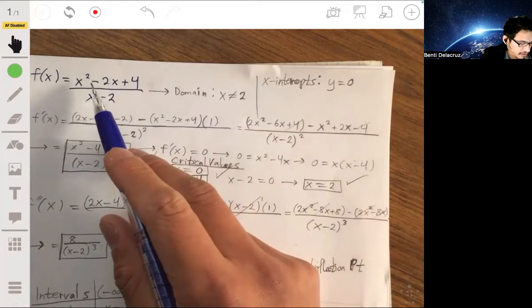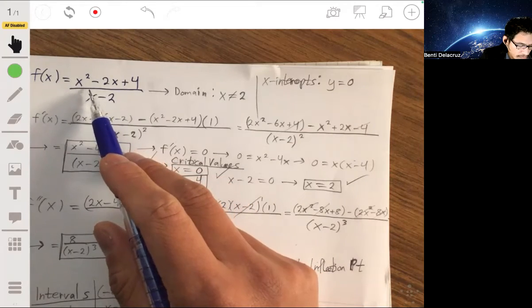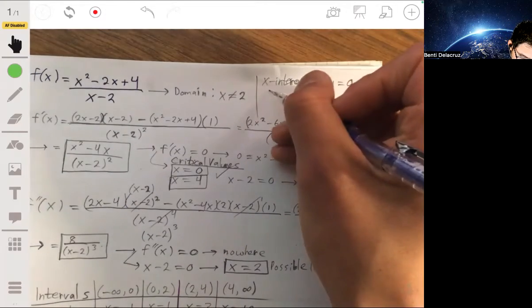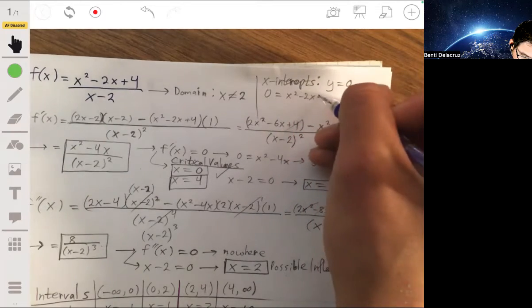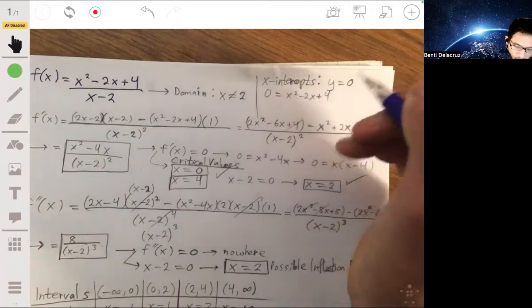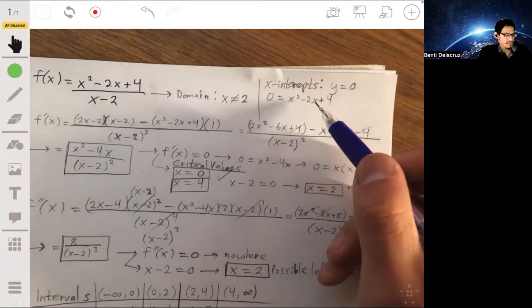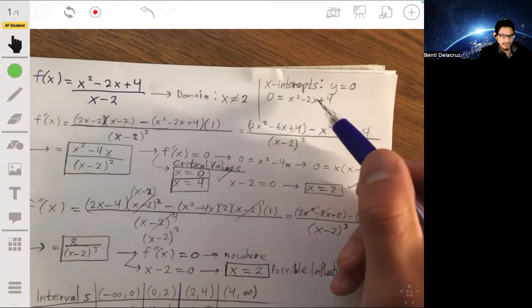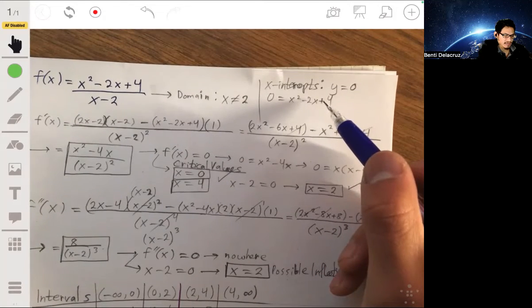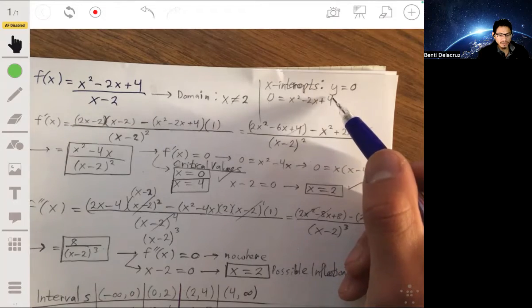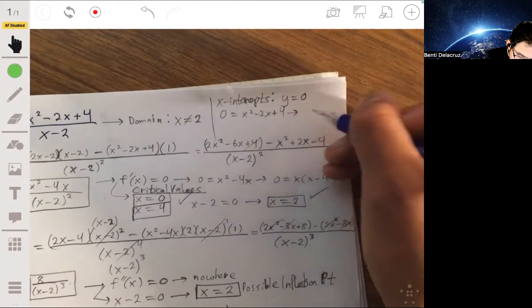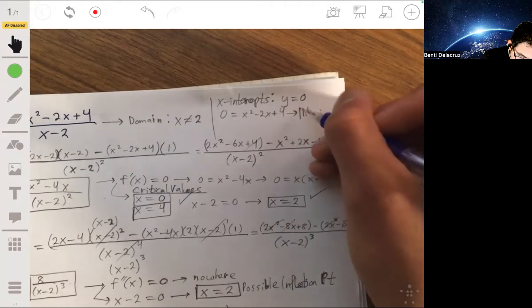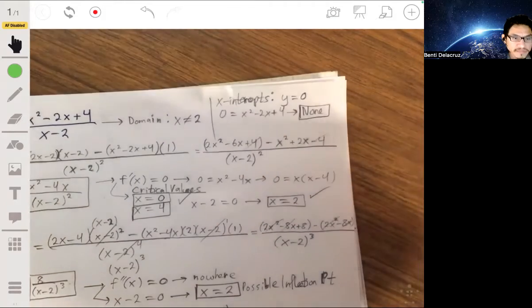So basically, you're looking for any zeros of this equation. You want to see if you can find any zeros of x squared minus 2x plus 4. Is this factorable? You're actually going to find that this is not factorable. It kind of looks like it is, but it won't be. So there are no x-intercepts.